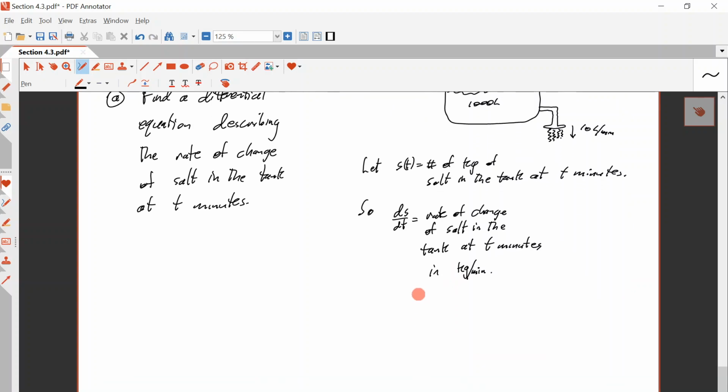Well, ds/dt is equal to the rate of salt incoming minus the rate of salt outgoing.